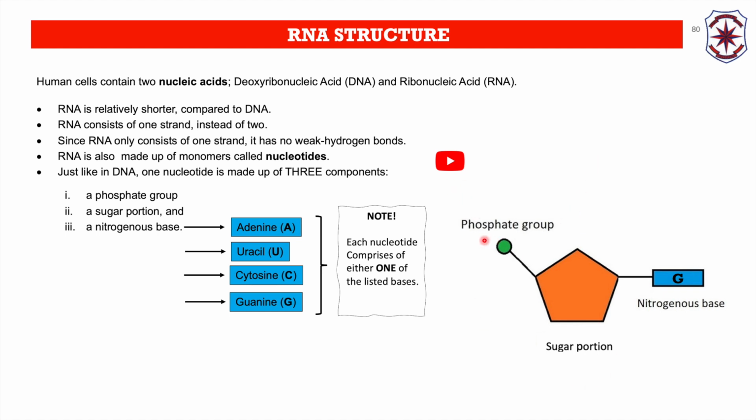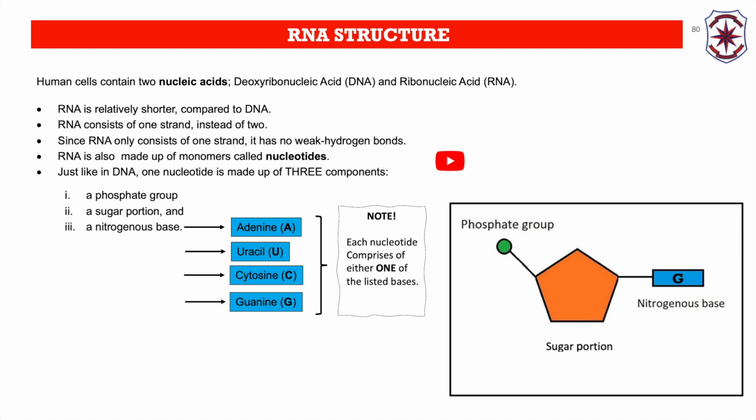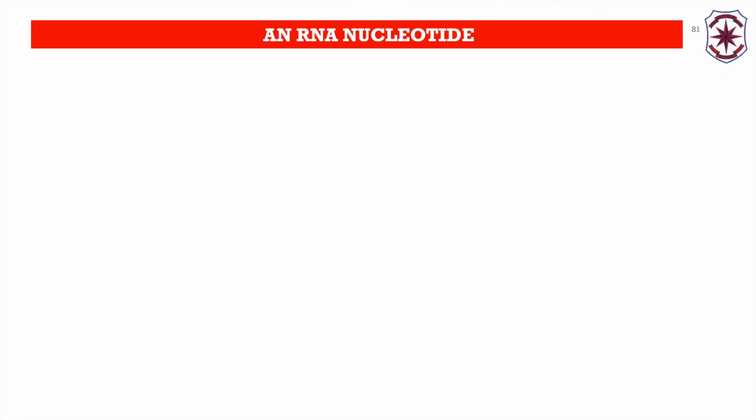One nucleotide may only consist of one nitrogenous base. Now, the structure that we have over here, this is a diagram showing the general structure of a nucleotide. All right. An RNA nucleotide contains ribose sugar.